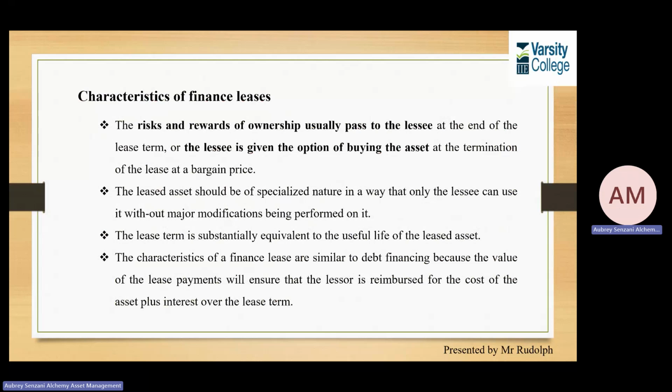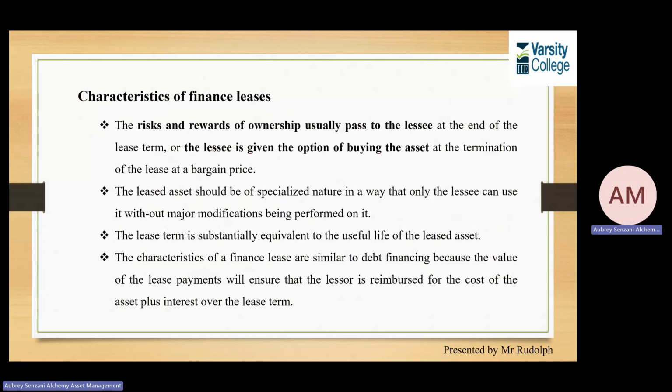Okay, right. So the leased asset should be of a specialized nature in a way that only the lessee can use it without major modifications being performed on it. Okay. Emphasis there on should, it doesn't necessarily have to be the case. Okay.